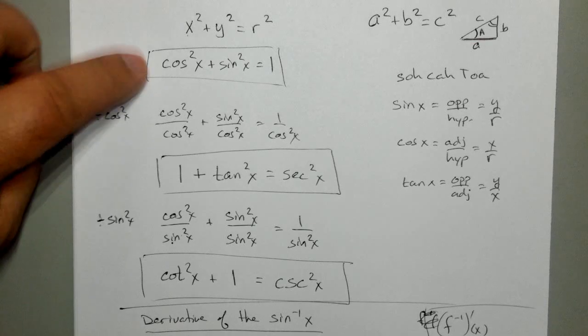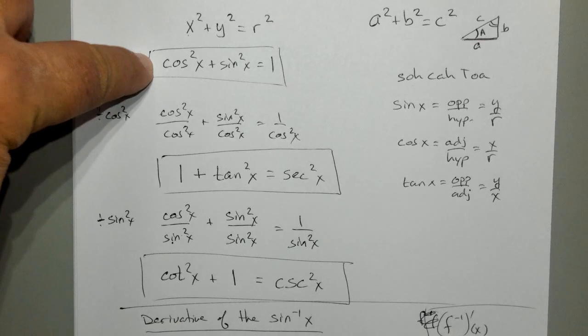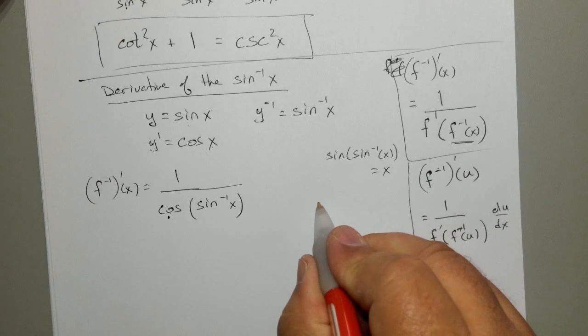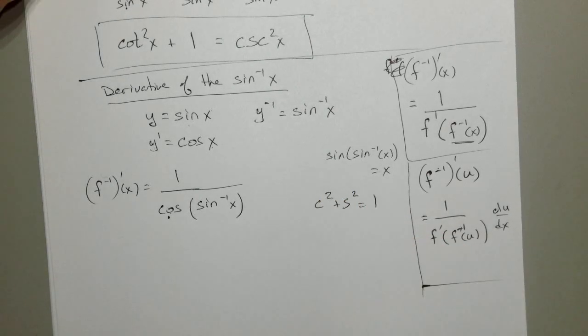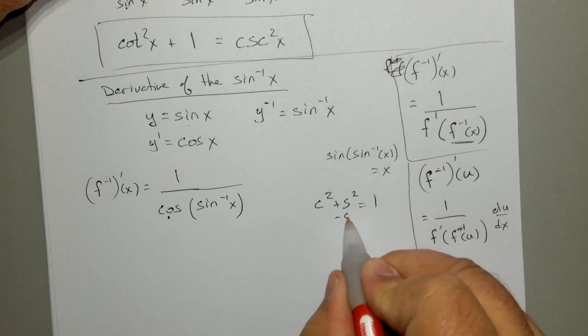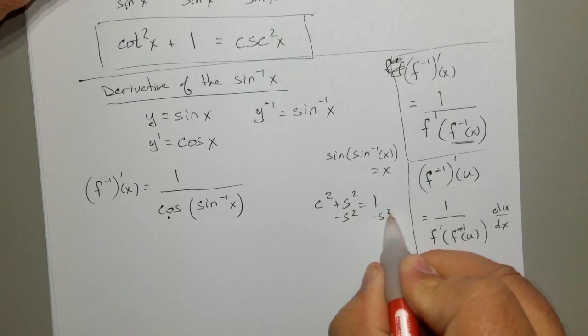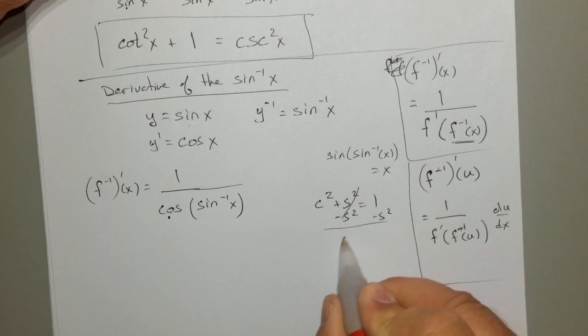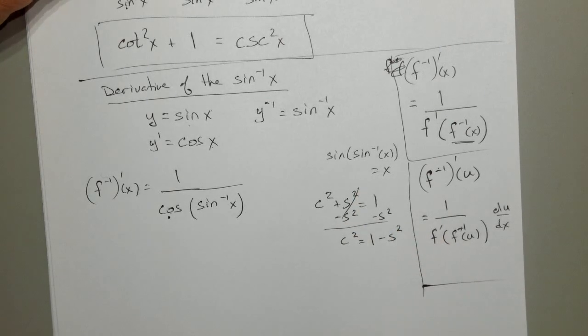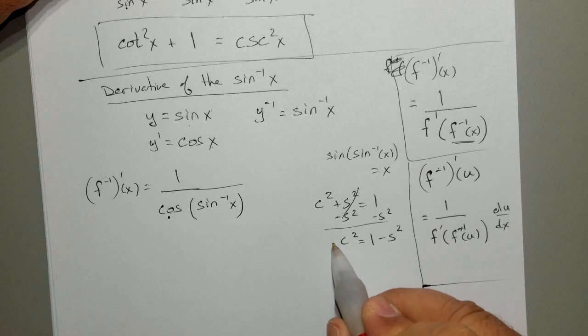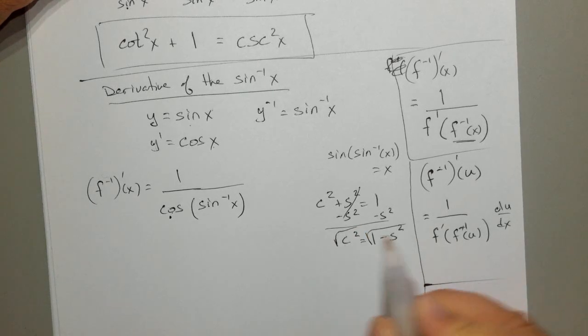Very good. We take the top one since there's a cosine. Since we know that cosine squared plus sine squared equals 1, we could subtract sine squared from both sides. And then do what to get rid of that square? Square root.